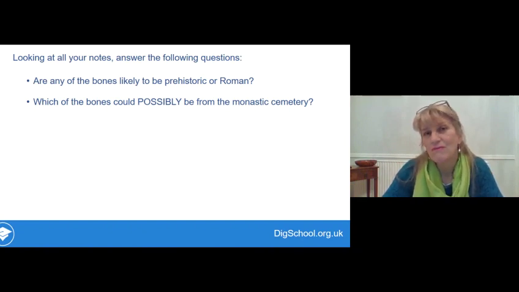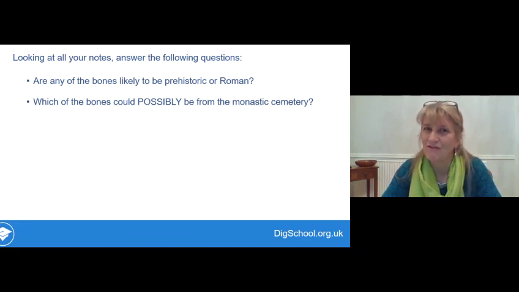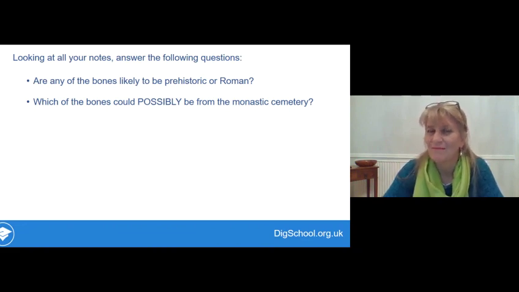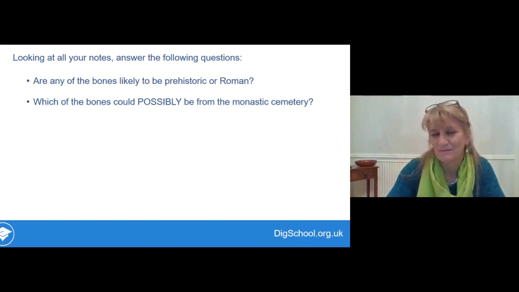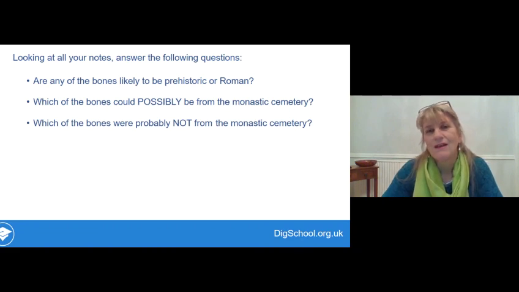And which of them don't have evidence which looks very, very unlike medieval medical practice? And which of the bones were probably not from the monastic cemetery? Which ones look as if they've had something done to them that people in the medieval period, those medieval monks, just wouldn't have done?